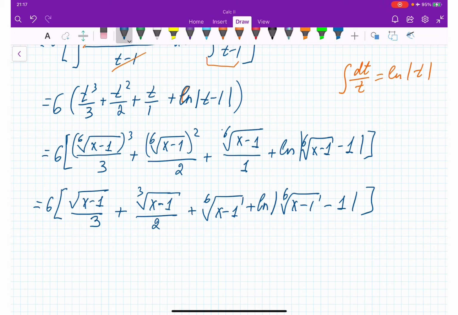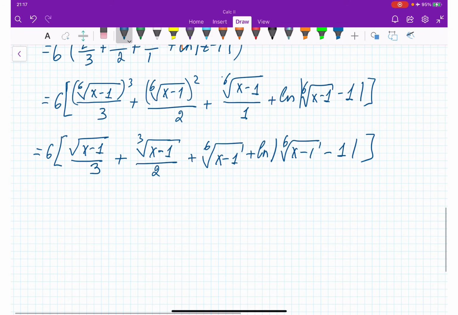Okay, let's distribute this 6 also in our final answer. Well, here I can put already plus c. Here also I can put plus c.